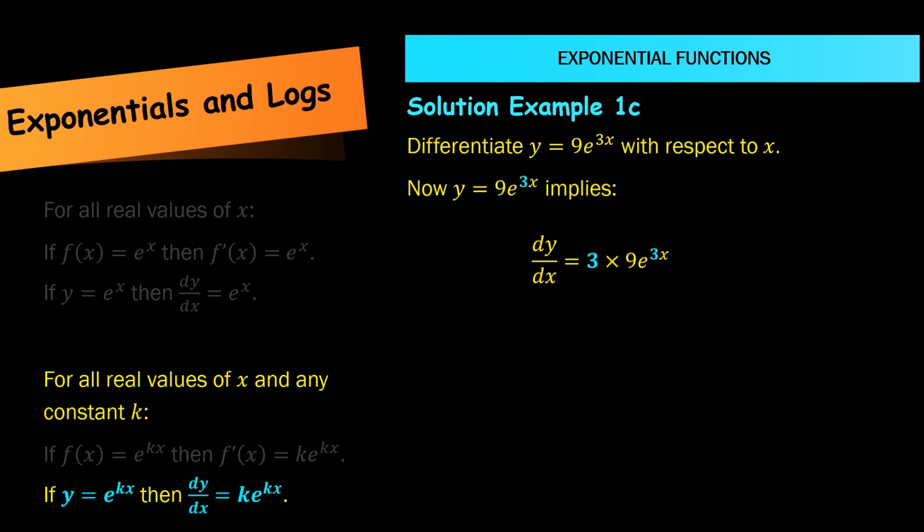And here's k equals 3, and 9 has been left as it is. And so dy/dx equals 27 times e to the power 3x.